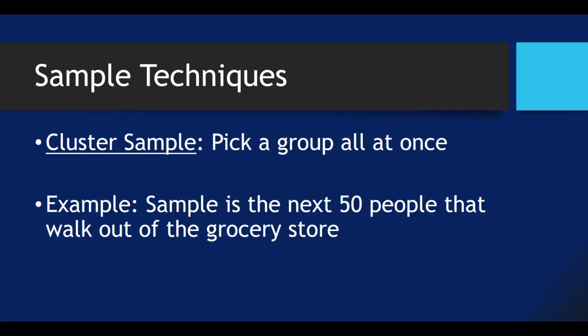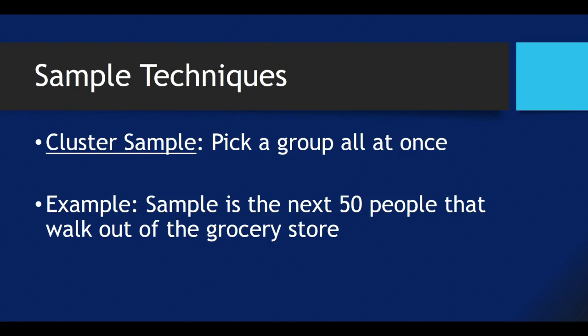Now, the last legitimate technique that we're going to look at is what's called a cluster sample, okay? So oftentimes, again, the stratified sample is just separating things into groups, but oftentimes with the random and the systematic sample, it might take me a long time to get the sample.